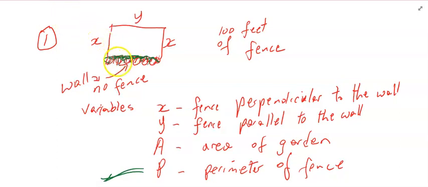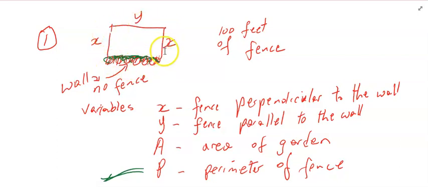So here's our wall, some little green thing on it, maybe moss or something like that. There's a wall. There's no fencing on this side with the wall. However, there's fencing on 3 sides.